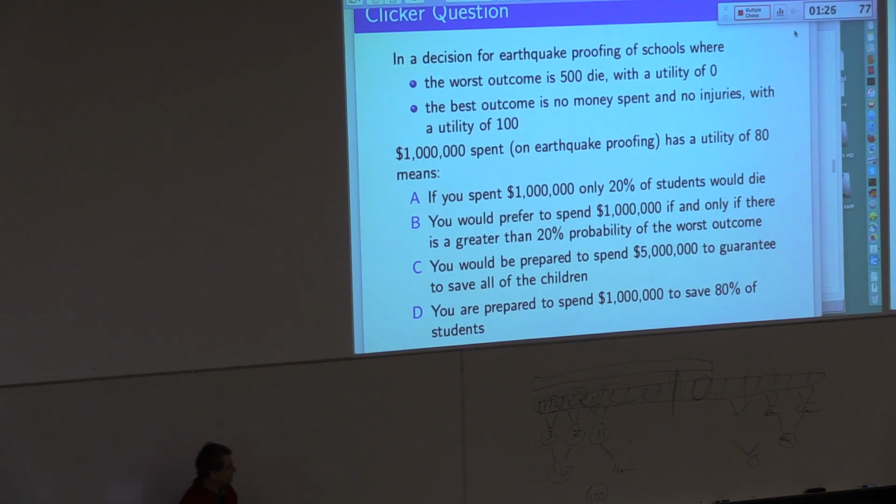Or D, you're prepared to spend $1 million to save 80% of the students. So I want to know what this means. So this utility has a specific meaning. Okay, any question? Yeah. Okay, anyone still need more time? Okay, 3, 2, 1.